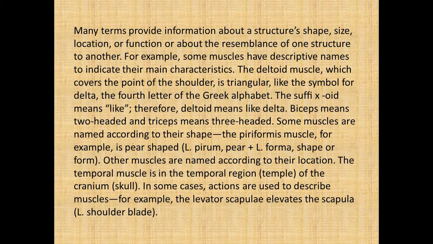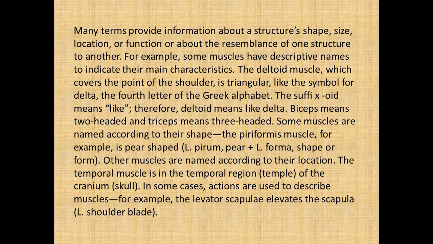Many terms provide information about the structure, shape, size, location, or function, or about the resemblance of one structure to another. For example, some muscles have descriptive names to indicate their main characteristics.